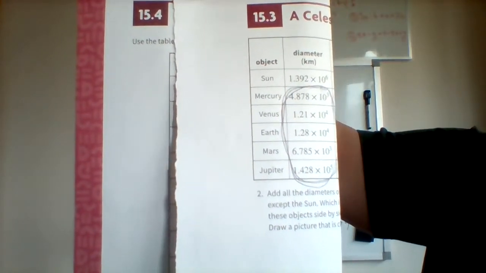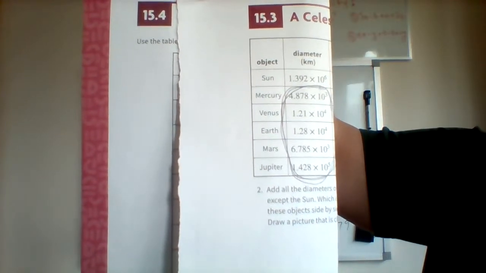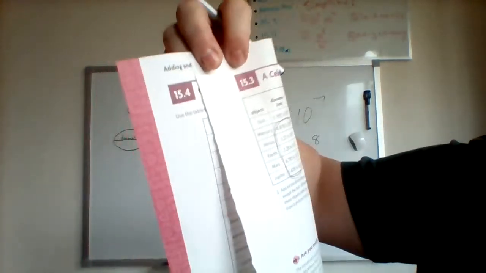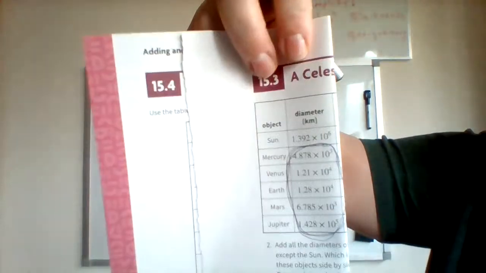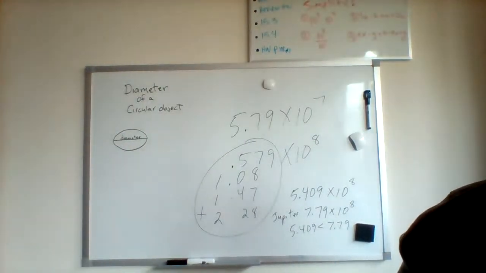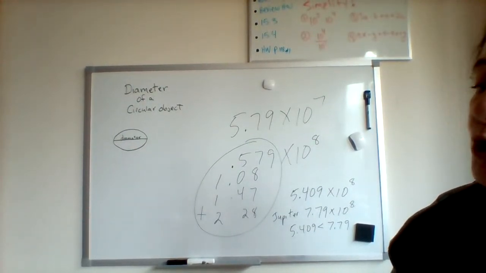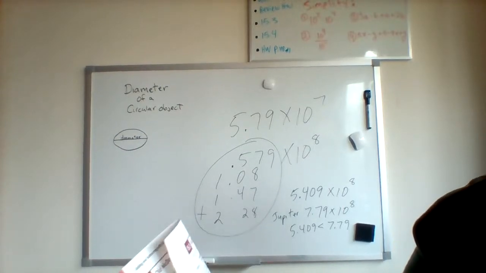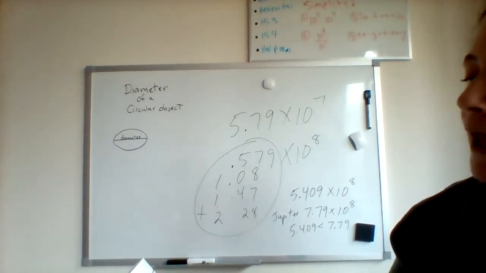Now, there's a big problem here, isn't there? Because what is the sun's diameter base 10? It's to the power of 6. But what are all the other ones? If you take a look in your book, all of them are a mixture of to the power of 3, 4, or even 5. So I want you guys to think about what you would actually change them to.